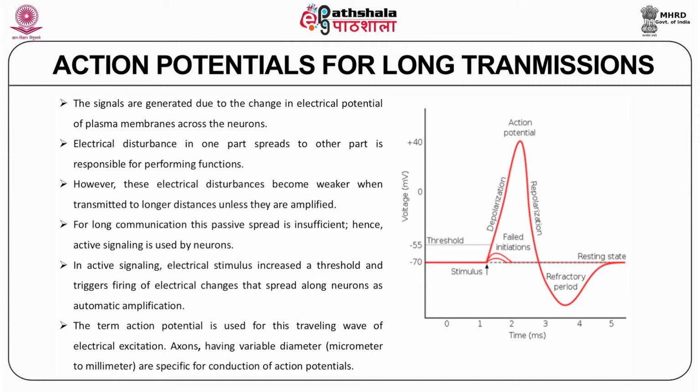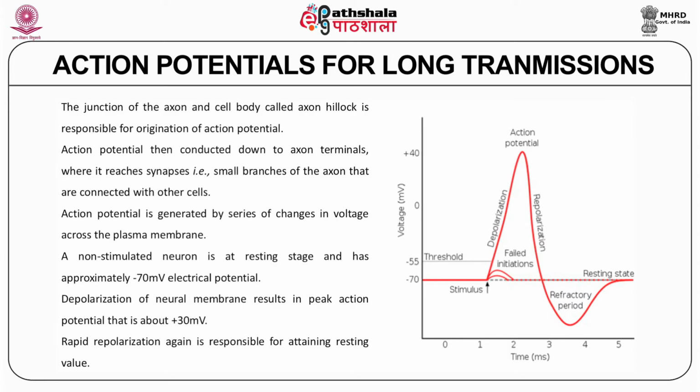Axons, having variable diameters from micrometers to millimeters, are specialized for conduction of the action potential. The junction of the axon and cell body, which we call the axon hillock, is responsible for origination of an action potential. Then the action potential has to be conducted down the axon terminal, where it reaches the synapses, which are the small branches of the axon that are connected with other cells.